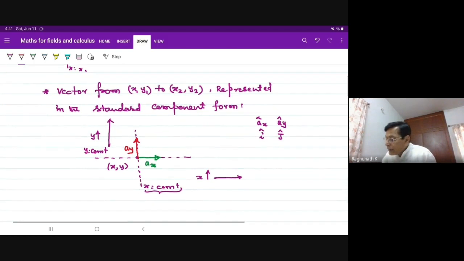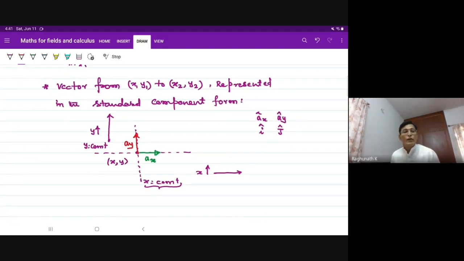Let me repeat the statement. Ax at any point is the vector of unit magnitude perpendicular to x is equal to constant line passing through that point in the direction of increasing x. Ay is the vector of unit magnitude.